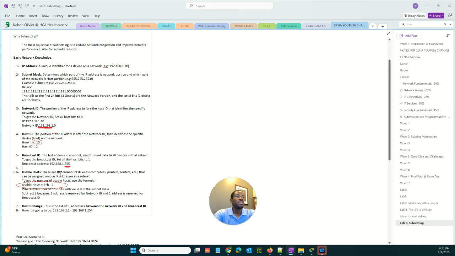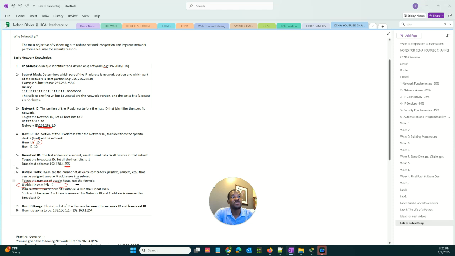Another useful terminology is usable hosts. What are usable hosts? These are the number of devices, computers, printers, or routers that can be assigned unique IP addresses in the subnet. Every subnet has a specific number of IPs that can be assigned.